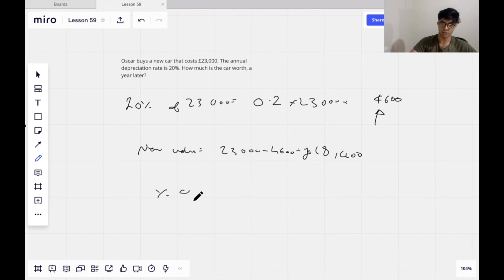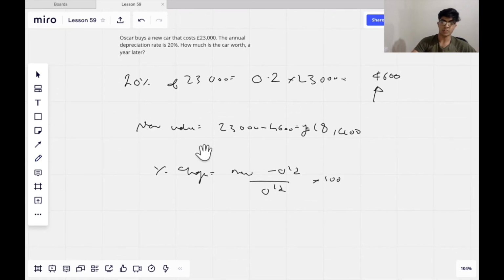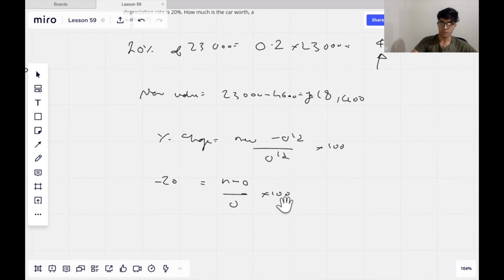And what this is, you can tell almost, is just a rearrangement of the formula that we had. Percentage change is equal to new value minus old divided by old times by 100. The percentage change we know is negative 20. So negative 20 is equal to new minus old over old times by 100. If we rearrange, we know old is 23,000. Minus 20 divided by 100 times by 23,000 is equal to n minus 23,000.